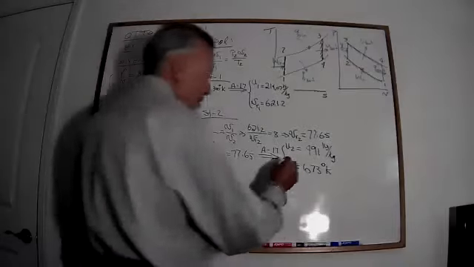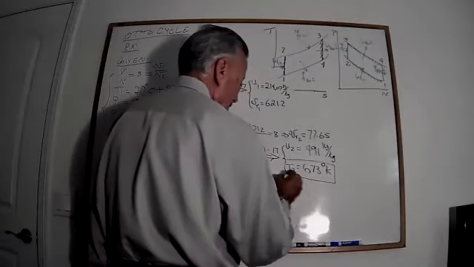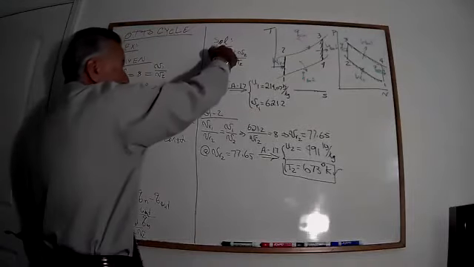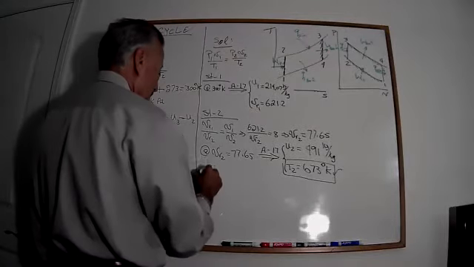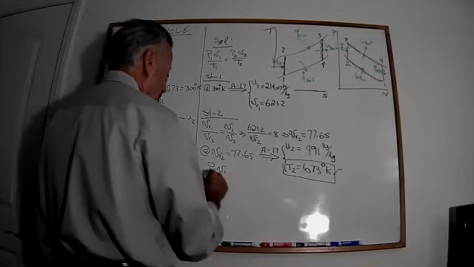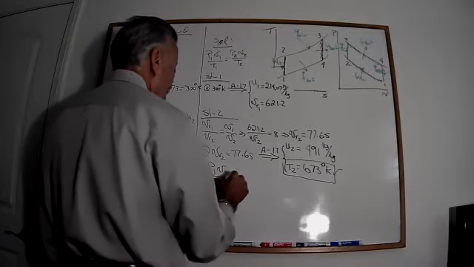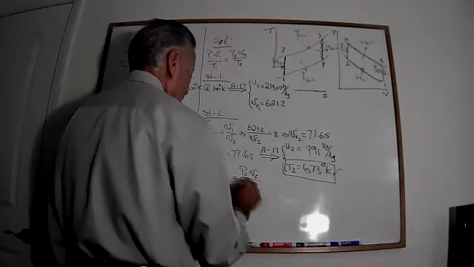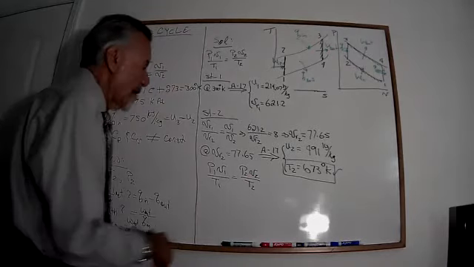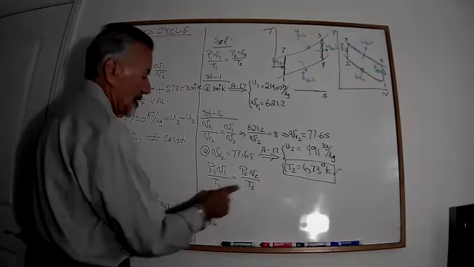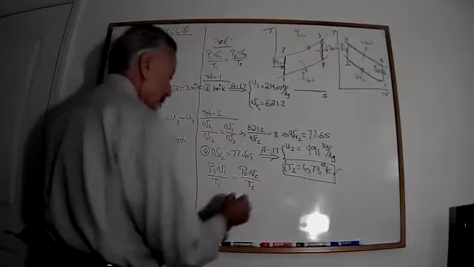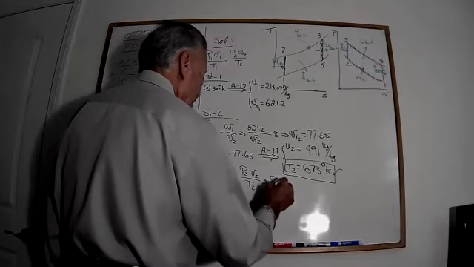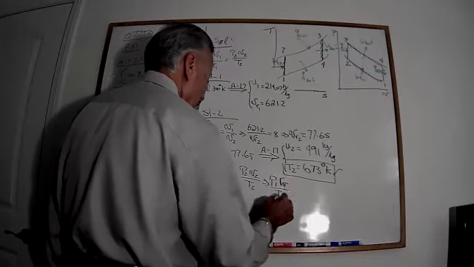Not yet. Part A of the problem, we already took care of it. That's temperature. So I go back to this ideal gas equation. P1 V1 over T1 is equal to P2 V2 over T2. What happens if I divide both sides by V2? I will get P1 times R of V divided by T1.